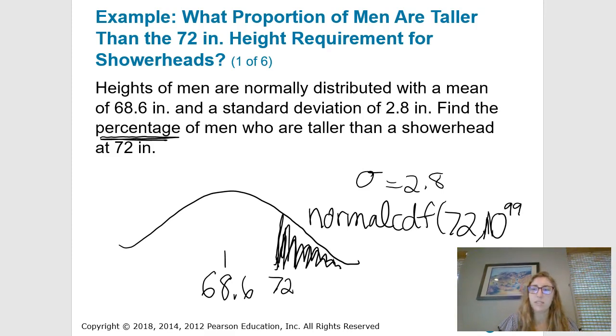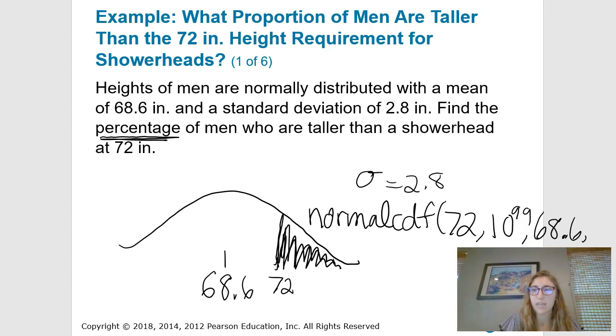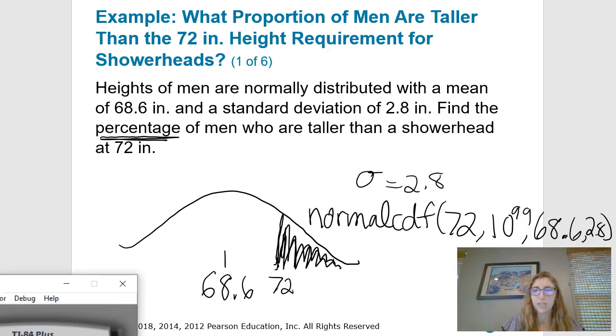No, that's a terrible 10. Let's try that again. All right, cool. So I want 10 to the 99. And then we have a mean of 68.6 and a standard deviation of 2.8.